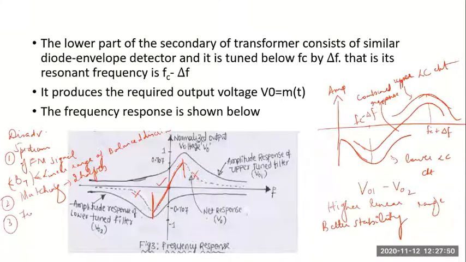And the last disadvantage is finding the center tap. Finding the center tap in a transformer secondary is very, very tough. It is a very difficult job to find the exact center of a given winding.